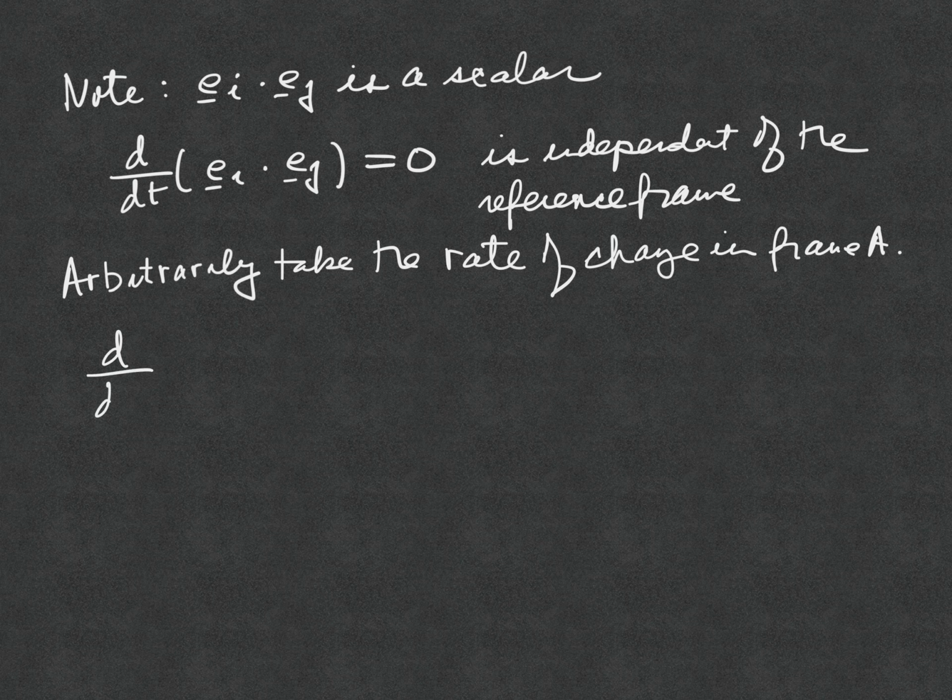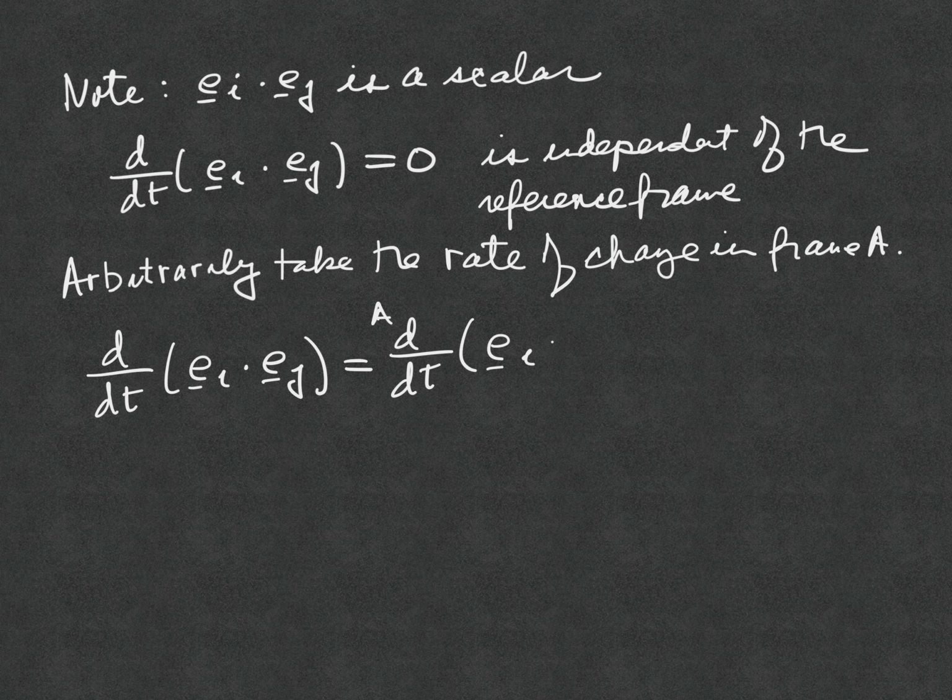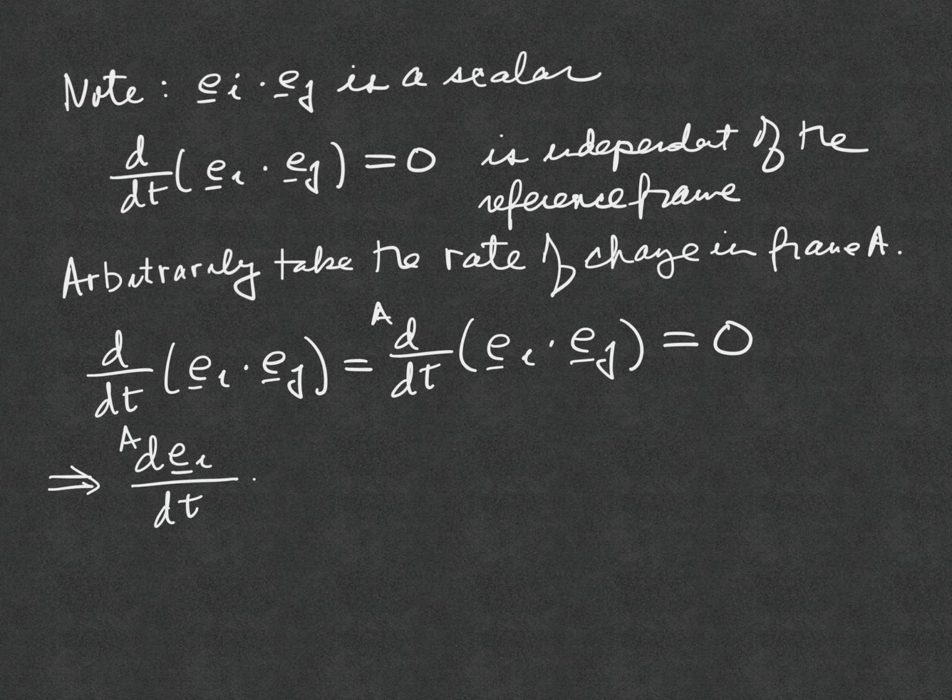So what do we get when we do that? d/dt of Ei dotted with Ej is equal to d/dt in A of Ei dotted with Ej, which is 0. If I expand this out using the product rule for differentiation, that gives me dEi/dt in A dotted with Ej plus Ei dotted with dEj/dt in A has to equal 0.